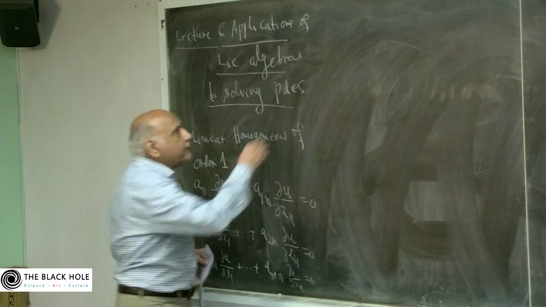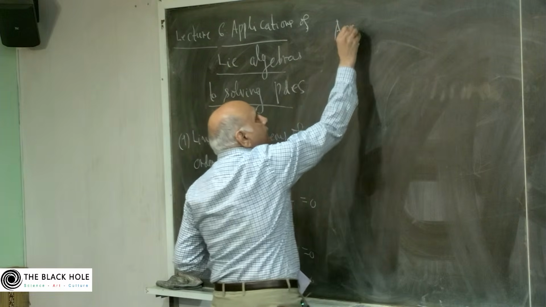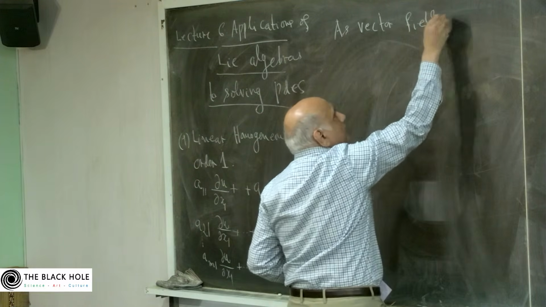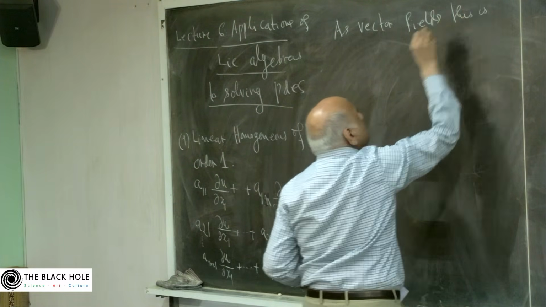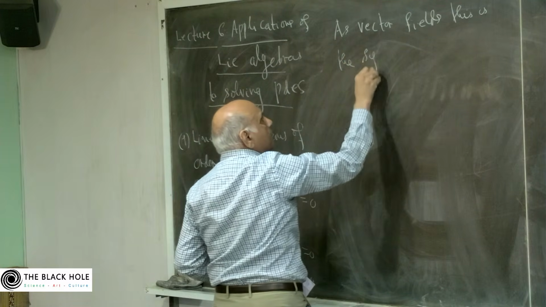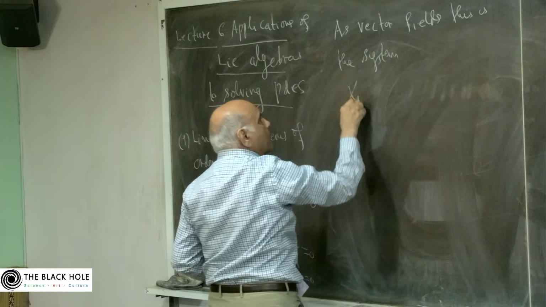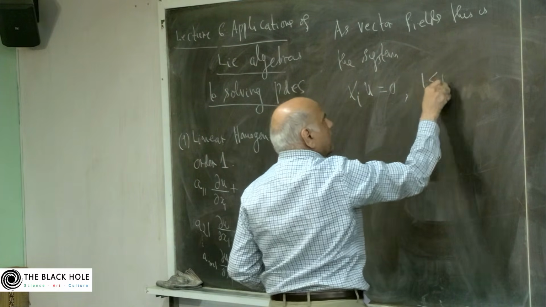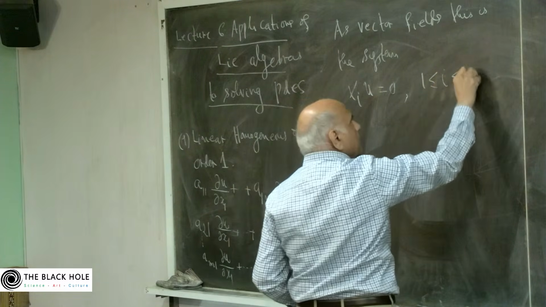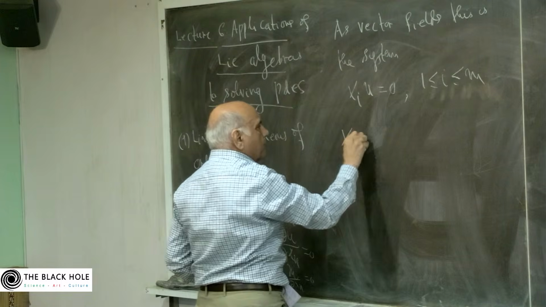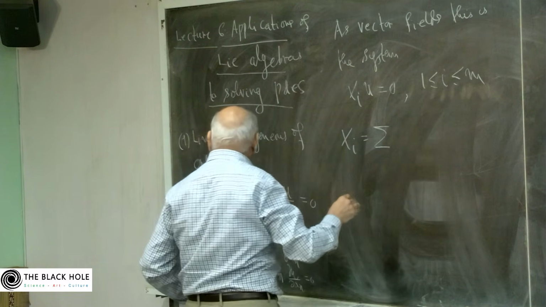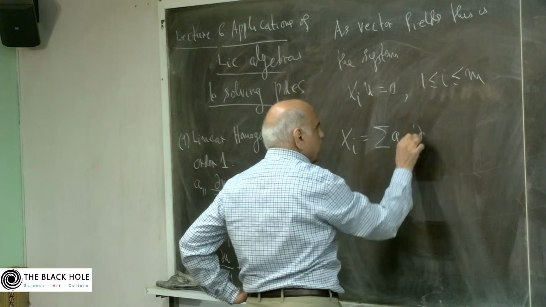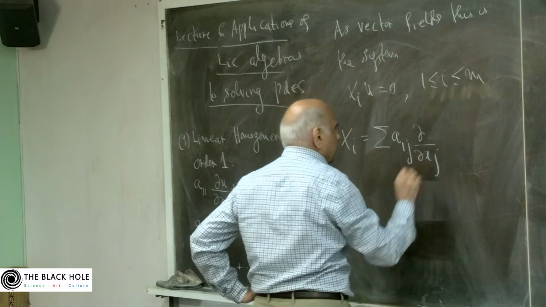So as vector fields, this is the system: XiU is equal to 0, and Xi is equal to the sum of Aij partial by partial xj.